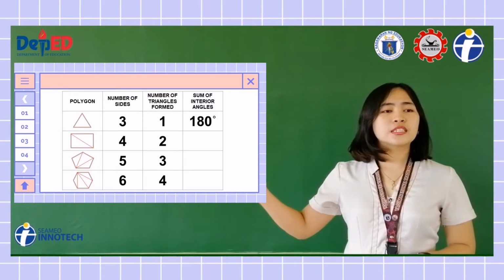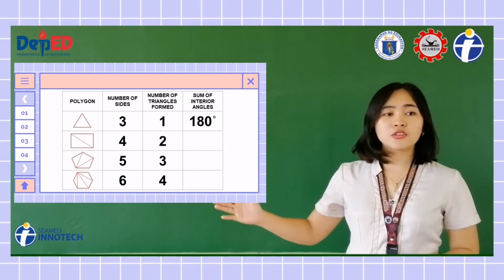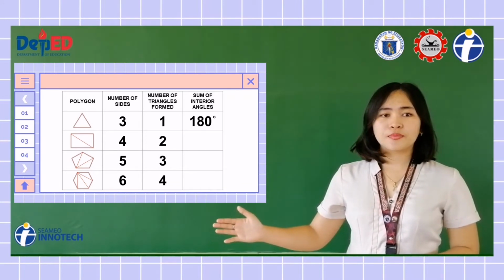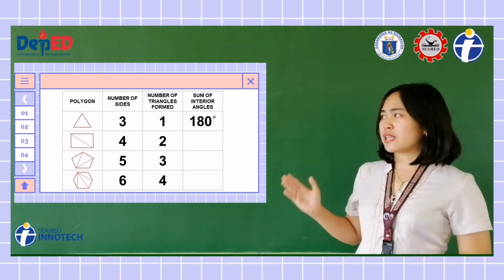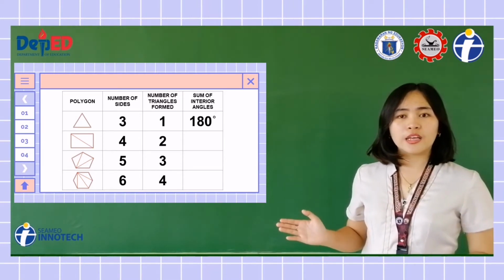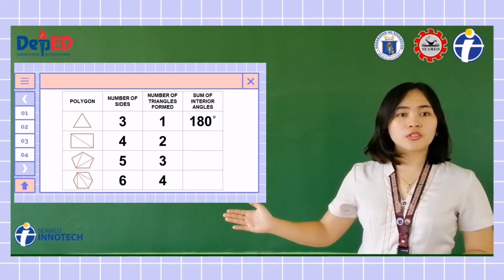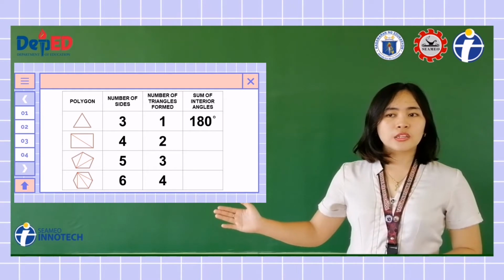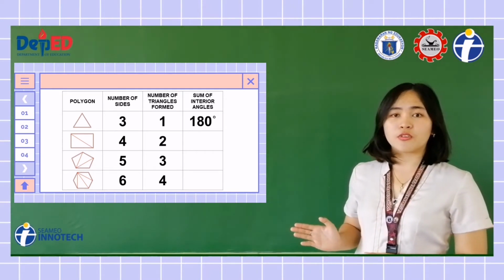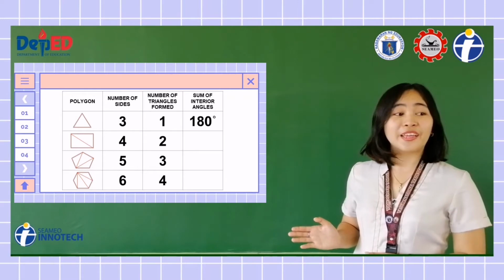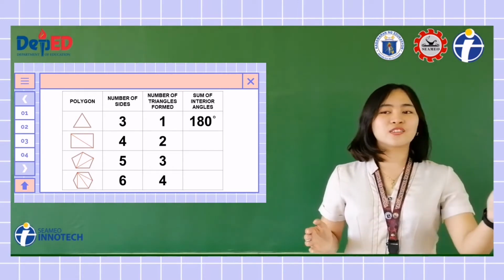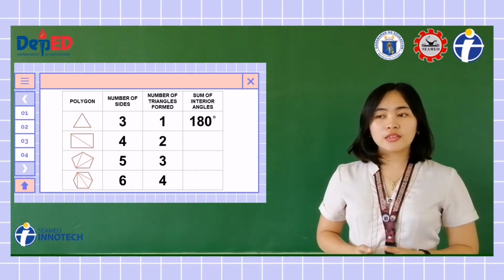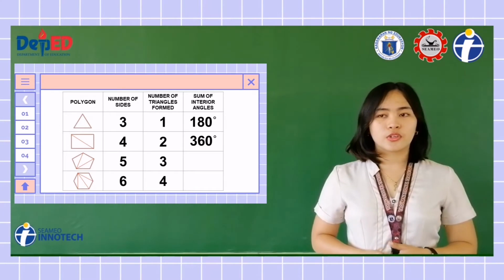Okay. Now, since the measure of the interior angles of a triangle is 180 degrees, what is the sum of the measures of the interior angles now of the regular square? If it has 2 triangles, what is the sum of the measures of our regular square? Anyone? Yes, you're right. The sum of the measures of the interior angles of a square is 360 degrees.